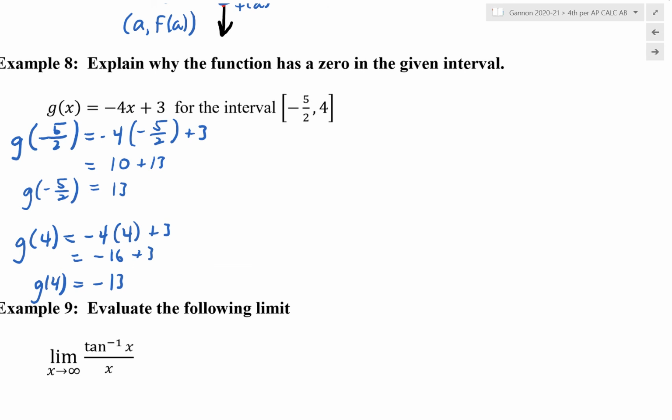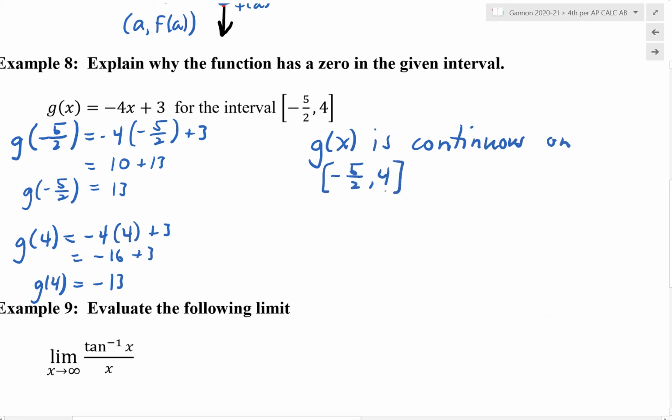Okay, so basically we would say something along the lines of g of x is continuous on the closed interval from negative 5/2 to 4, and g of negative 5/2 is greater than 0. g of 4 is less than 0.